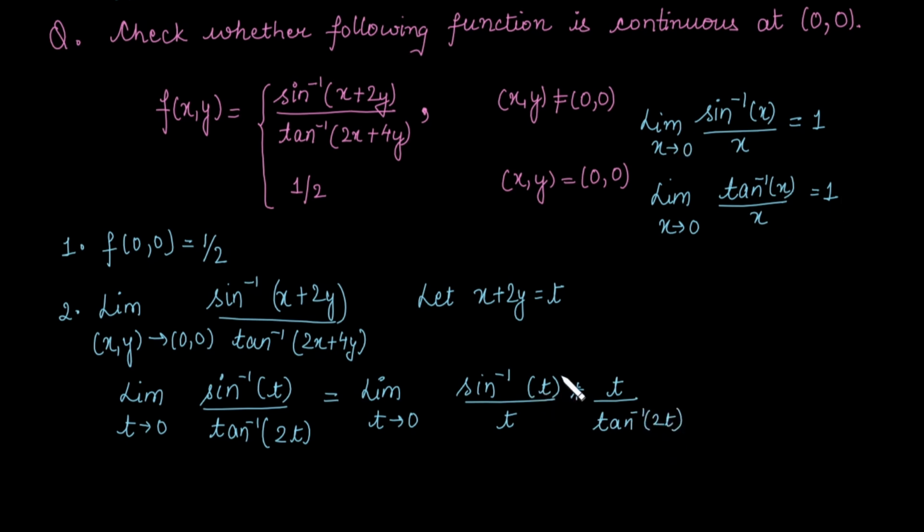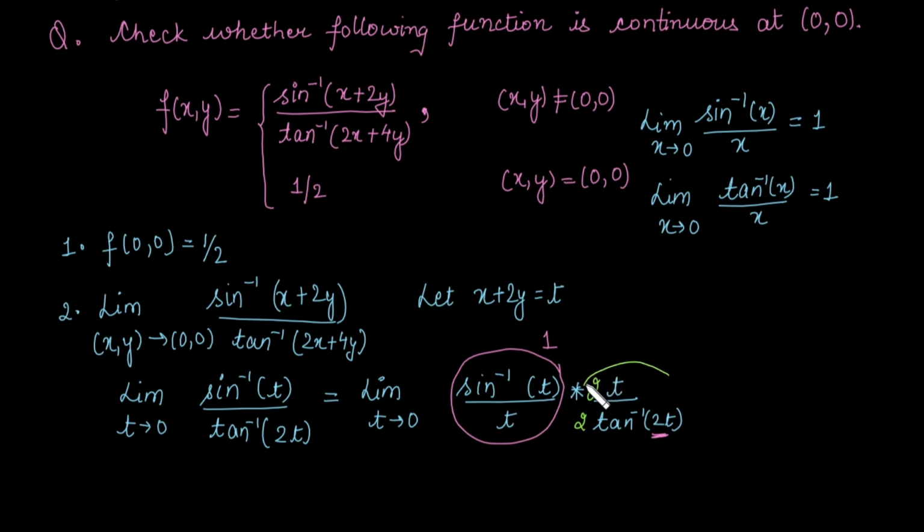As per this result, the limit of this function as t approaches to 0 is equal to 1. But in this case, it is not equal to 1 because in tan inverse, we have 2 times of t and here we have simply t. So we need to create a 2 times of t. For that, multiply by 2 and divide by 2.